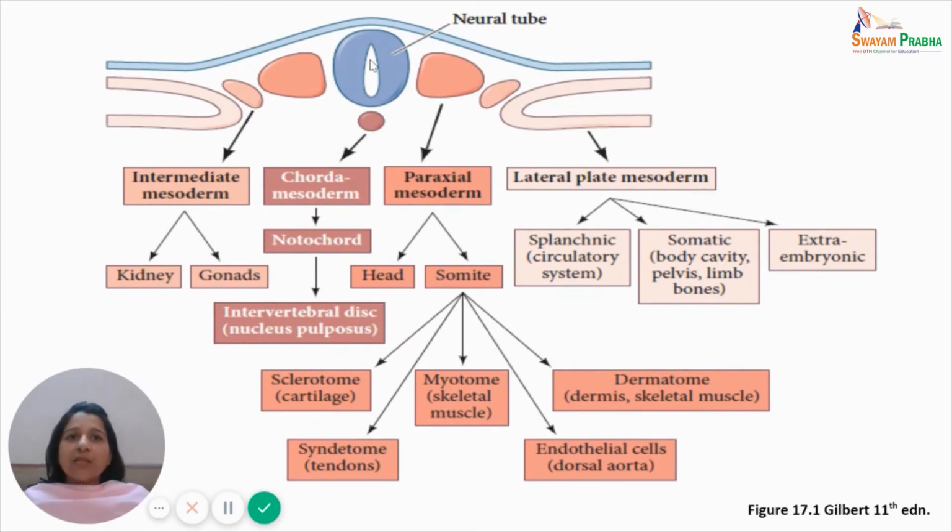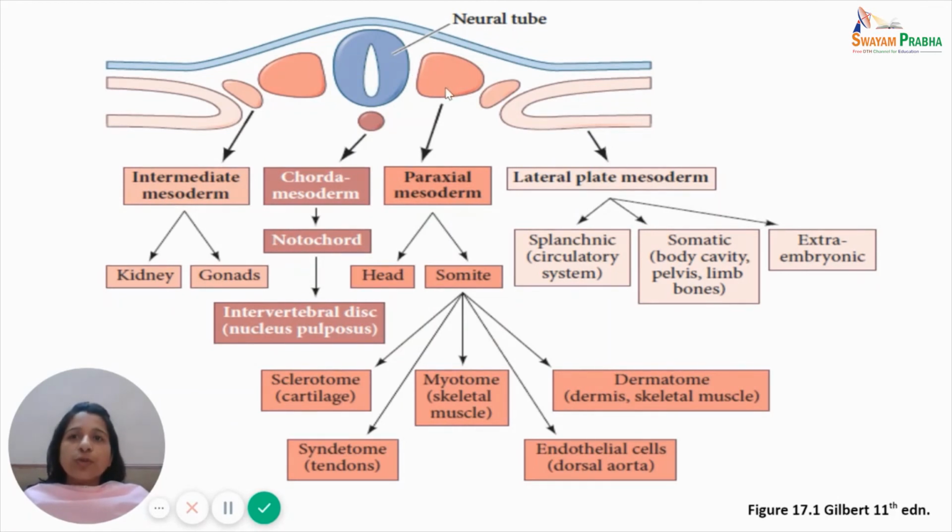On either side of the neural tube further lie thick bands of mesodermal cells, as you can notice here, which are classified as paraxial mesoderm, then intermediate mesoderm, and the farthest are labeled the lateral plate mesoderm. Now, tissues which develop from the paraxial mesoderm will be located on the dorsal side of the embryo on either side of the spinal cord.